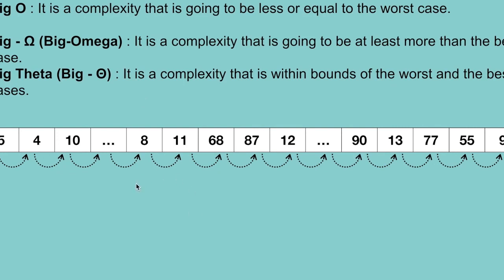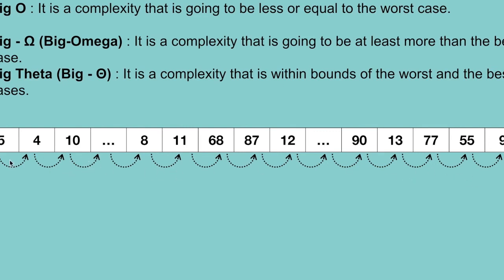Okay, let's look at a real example for these three notations. Let's imagine that we have an array of 1 million elements over here, and our goal is to find a given number within this array. If we want to search for a number which is located at the end of this array, in our case which is 9, we basically check each element one by one until we find the element that we are looking for.